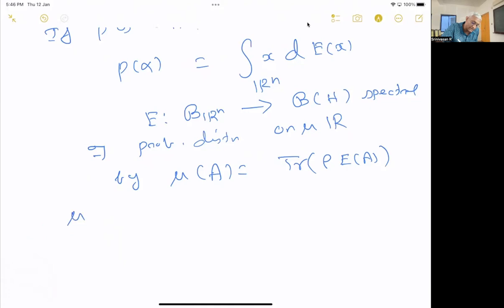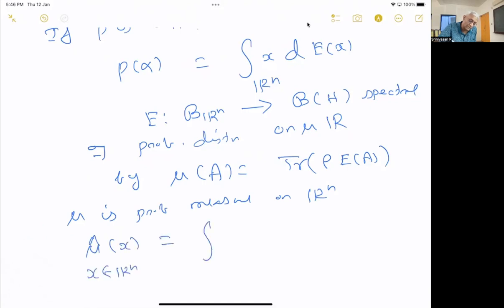If mu is a probability measure on R or R^n, then mu hat of t is equal to the integral of e power minus i t x d mu of x. This is the characteristic function of any probability measure.